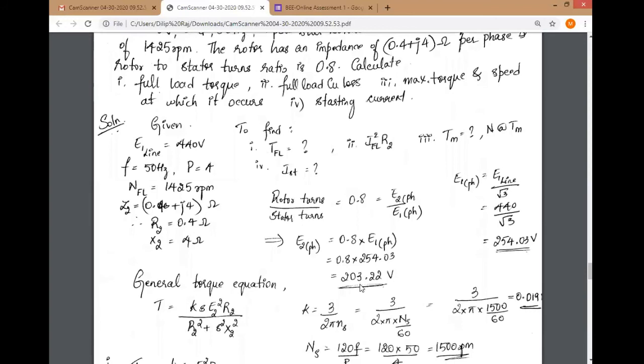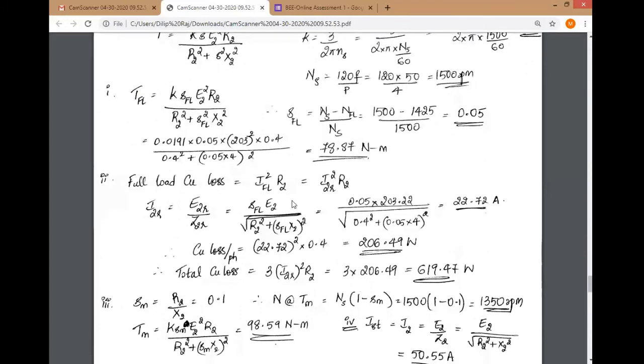The second one is the full load copper loss. We know copper loss is given by I square R. With respect to the rotor, it is I2 square R2. So we require the full load current here. The full load current I2R is given by E2R by Z2R, where E2R is slip times E2. Corresponding to full load, it is S_FL times E2.